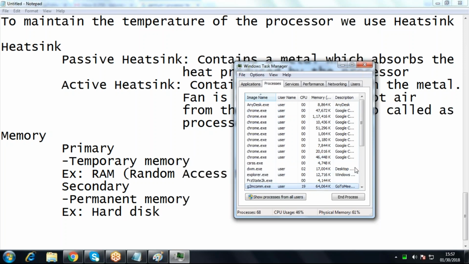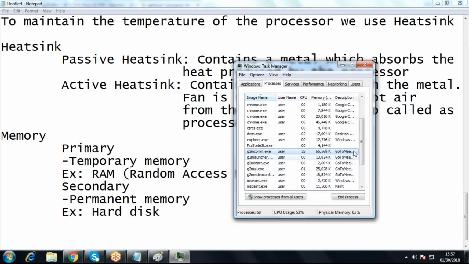This is our GoToMeeting session, which means it's using RAM memory. GoToMeeting, G2M COM, GTM launcher, GTM start, G2M UI, GTM video conference, this is related to GoToMeeting.